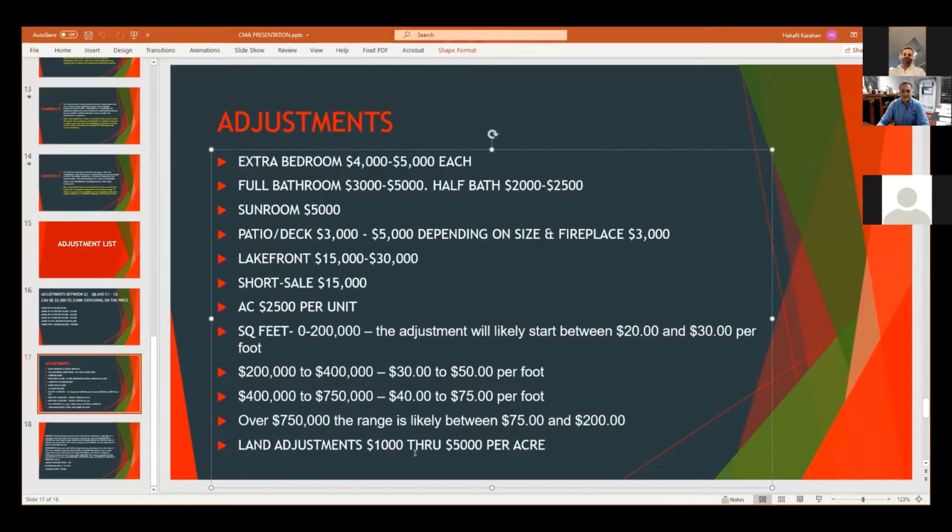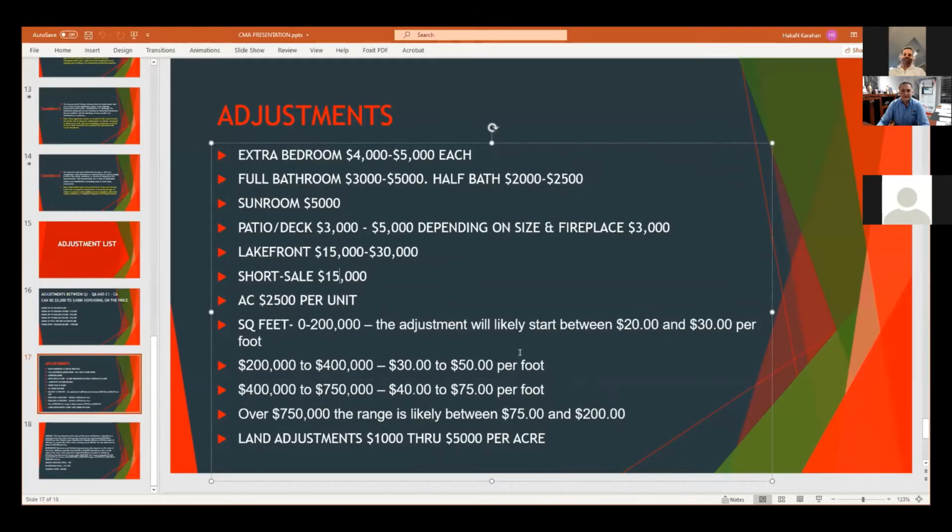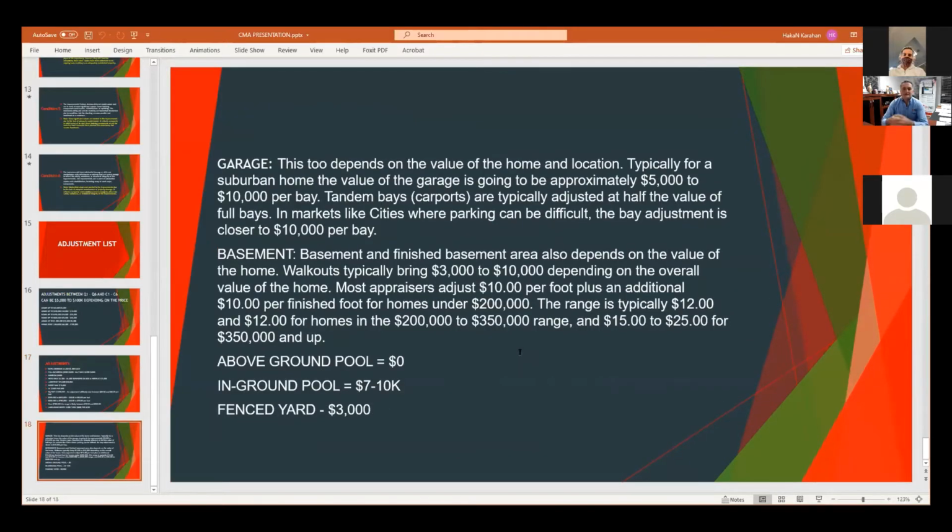Land adjustments, $1,000 to $5,000 per acre. So now garage, again, this depends on the value of the home and location. Typically on a regular suburban home, it could be from $5,000 to $10,000 per bay.